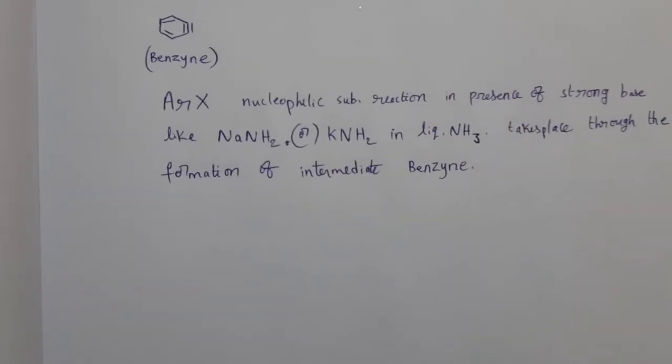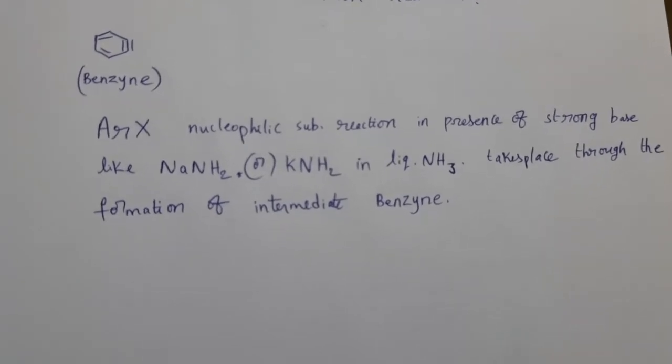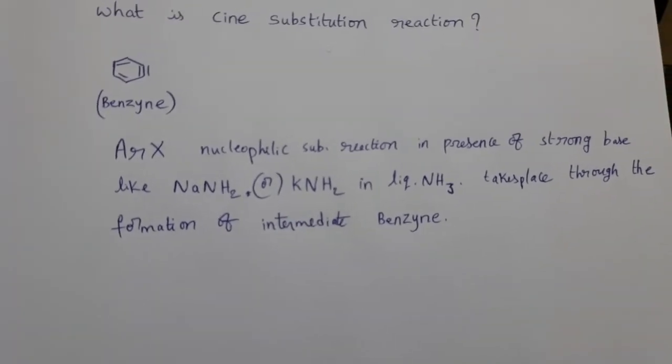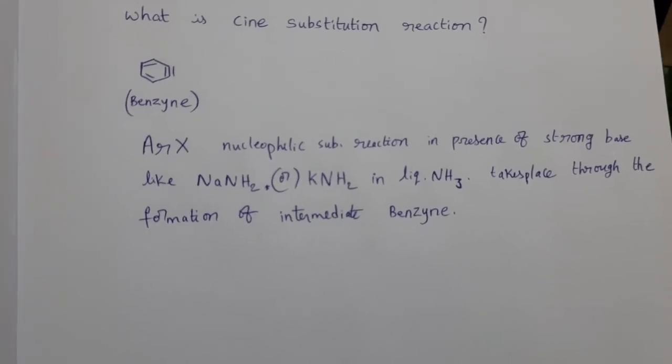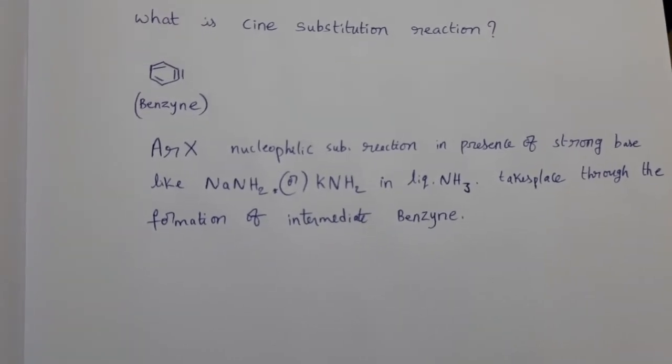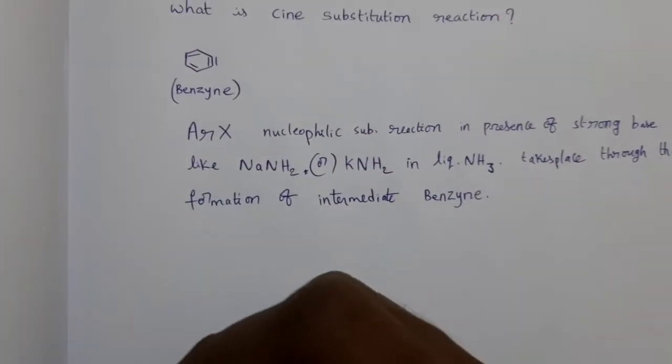So through the formation of this benzyne intermediate, we can observe this nucleophilic substitution reaction in aromatic halides. In these reactions, we can observe cine substitution reaction. Okay, see the example, you can understand more clearly.